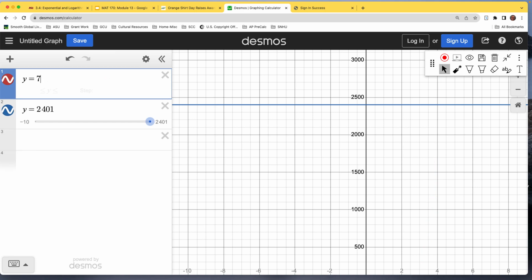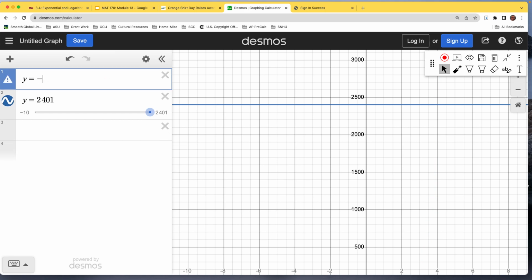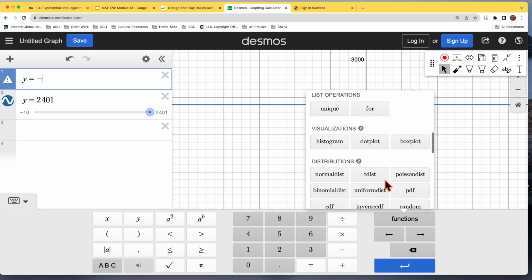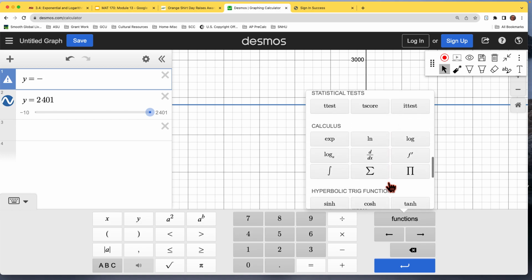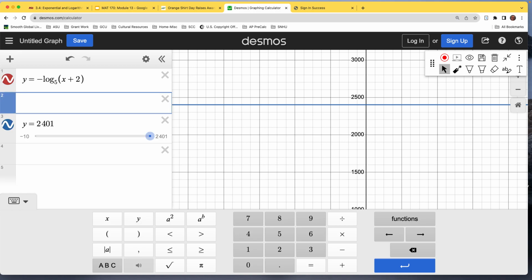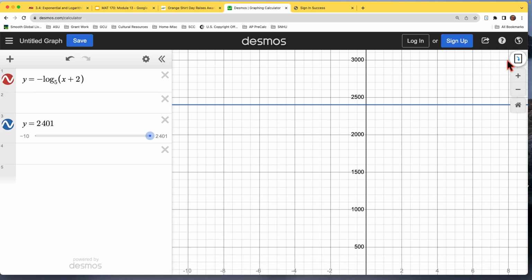Let's see, what was it? It was negative. Desmos has these functions that you just have to scroll down, and they've got log base right here. So log base 5 of, what was it, x plus 2. So that's one graph.